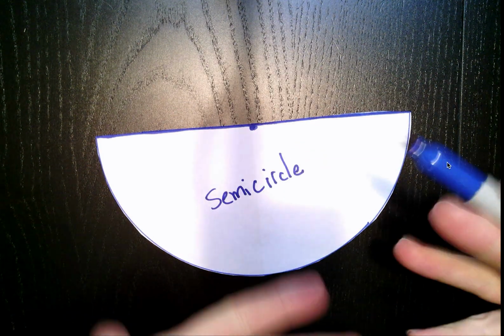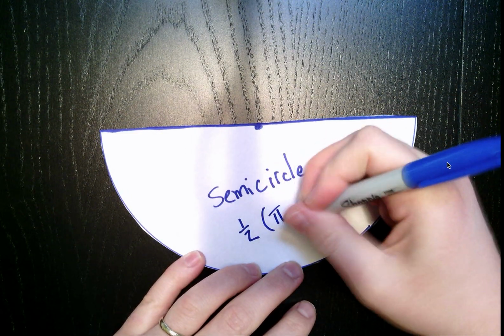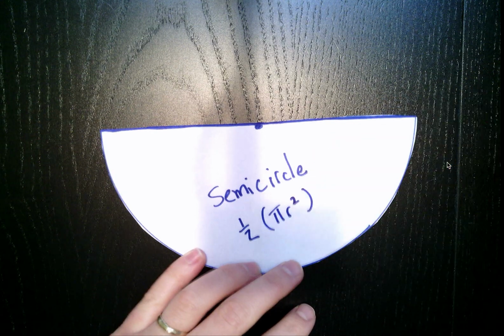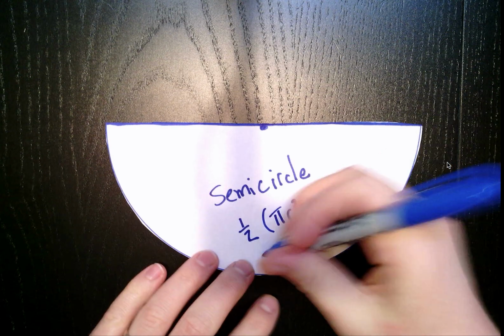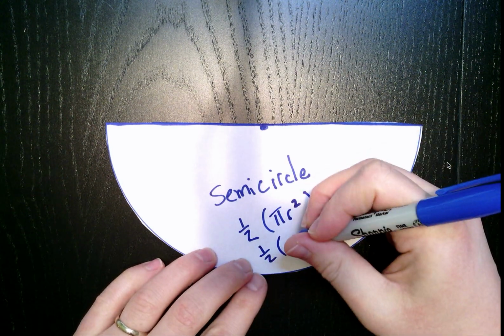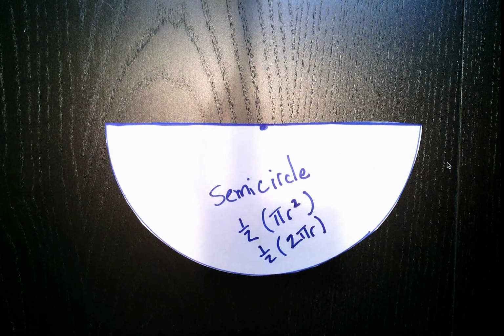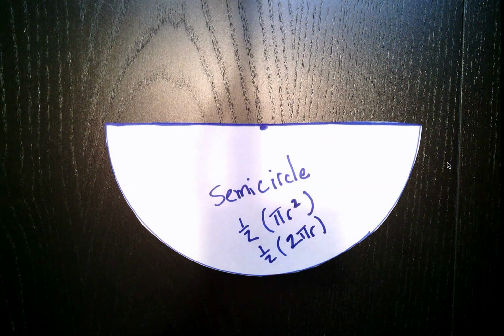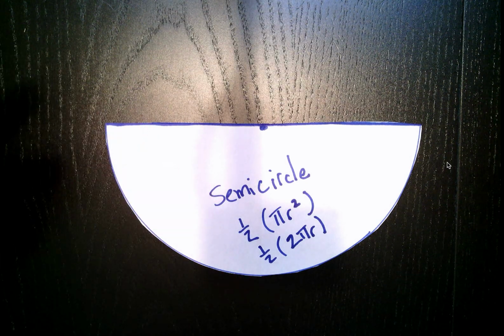If we wanted to find the area of that, we would take half of the area of a circle, which is pi r squared. And if we wanted to find the length of the curvy piece, that's easy. That's just 1/2 of 2 pi r, because that's the circumference of a circle. That makes sense, right? It's a half of a circle, so we just multiply everything by a half.